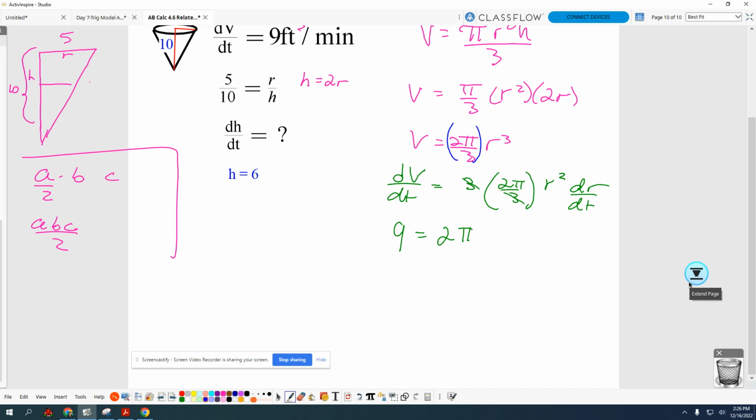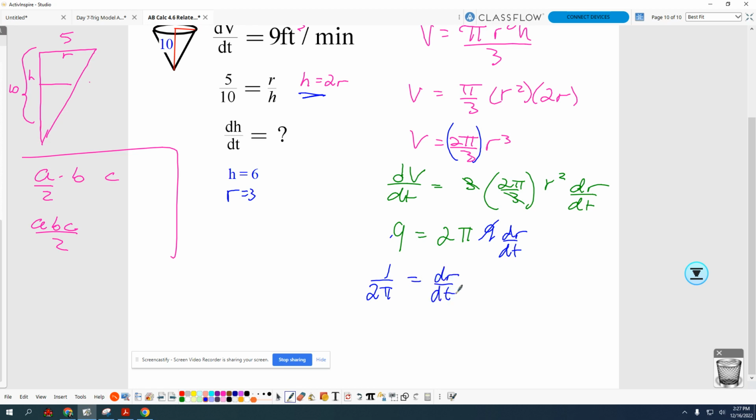I don't know what the radius is, but it said when the height of the water is 6 feet deep. So if the height of the water is 6 feet deep, what's the radius? 3, because we know this relationship because of similar triangles. So pi r squared dr dt, divide by 9, those guys go away, divide by 2 pi, and I get the change in the radius.